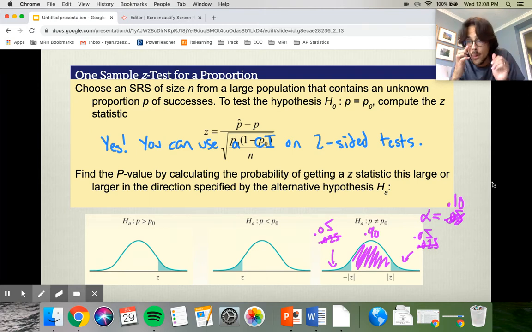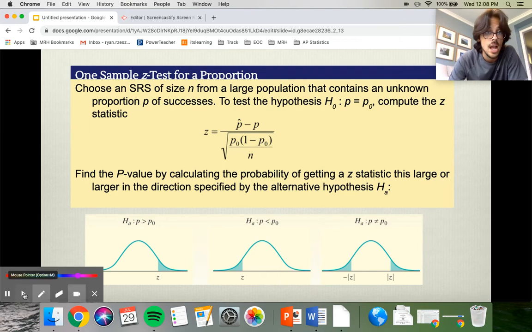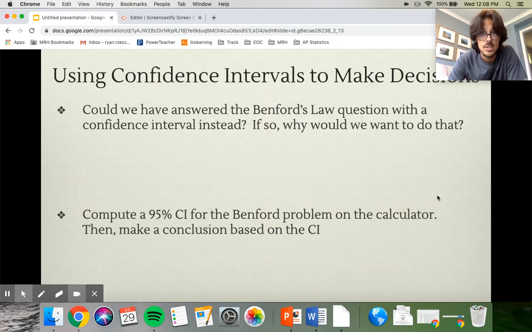So there is very much a connection between a confidence interval and your p-value, alpha, significance level stuff if it's a two-sided test. We can't do it on one-sided tests like this because confidence intervals always take that middle part and leave out both edges. So if you have a two-sided test, you can use a confidence interval.